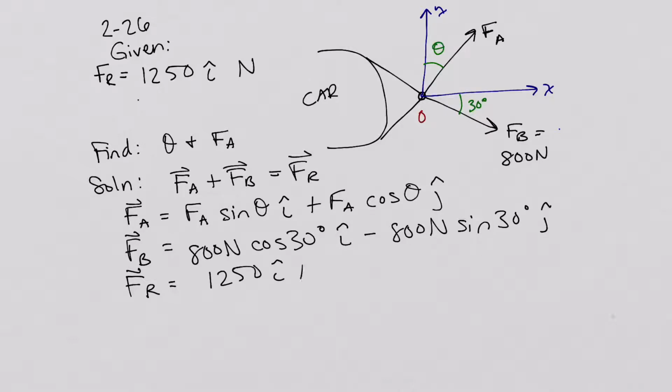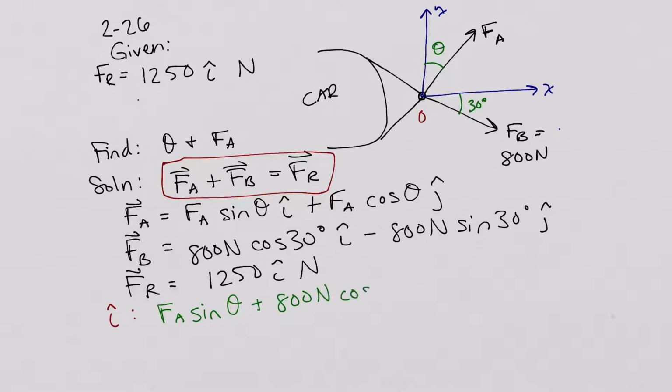which we already wrote, is that 1250 i newtons. And so because we know this relationship here, that FA plus FB equals FR, we can basically break down each of those components. So for the FA plus FB, if we just take the i component, then we can say that FA sine of theta plus 800 newtons cosine of 30 degrees equals 1250 newtons. So we have a relationship there.